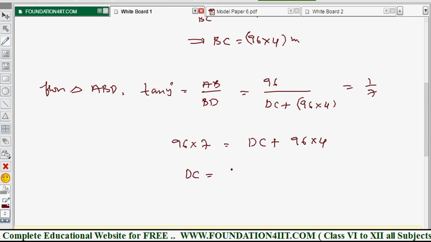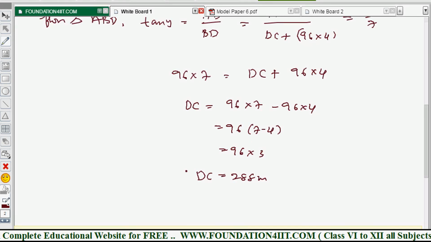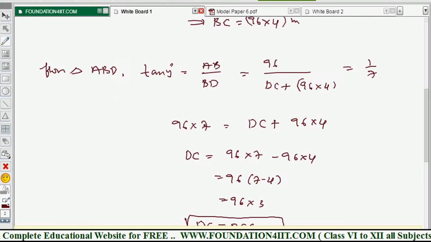So DC is equal to 96 into 7 minus 96 into 4. 96 common, 7 minus 4 is 3. 96 into 3 is 288 meters. That is the distance between the two vehicles. Distance between two vehicles is 288 meters. Simple sum.